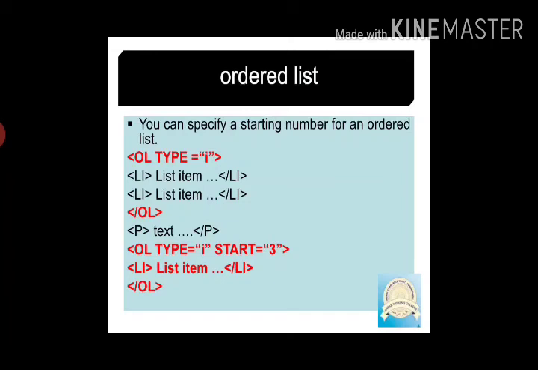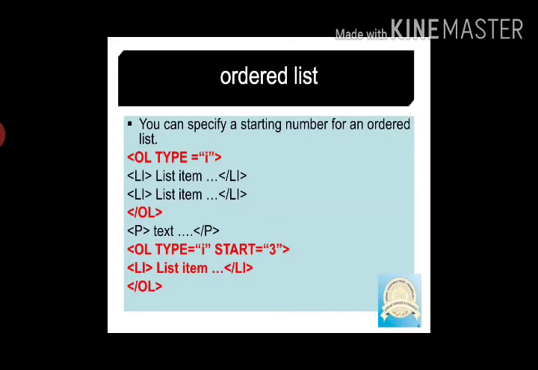Consider an example which I listed here that uses the start attribute. Can you guess the output of this program code? Yes. In this example, I use two ordered lists. In the first ordered list, I only use the type attribute equal to small letter i, which indicates that the list items start with small Roman numerals.